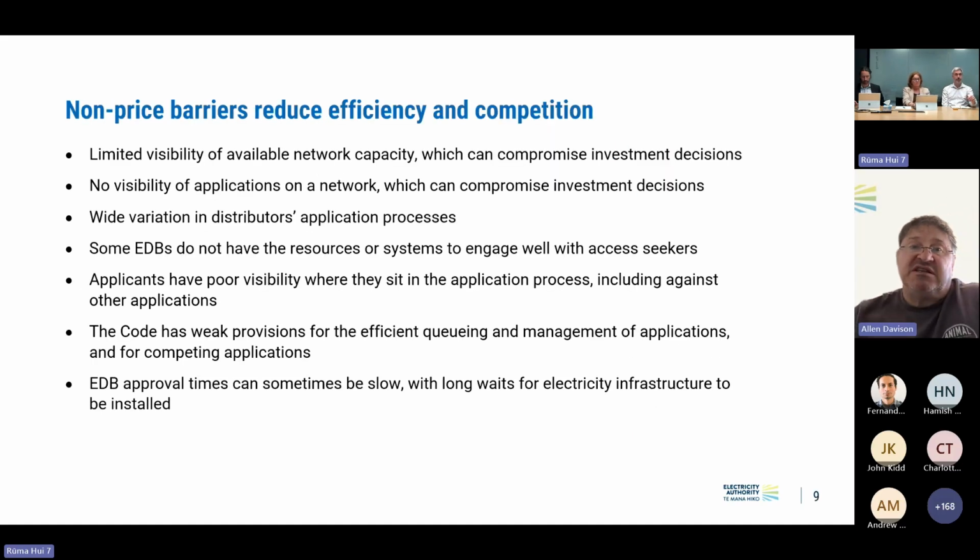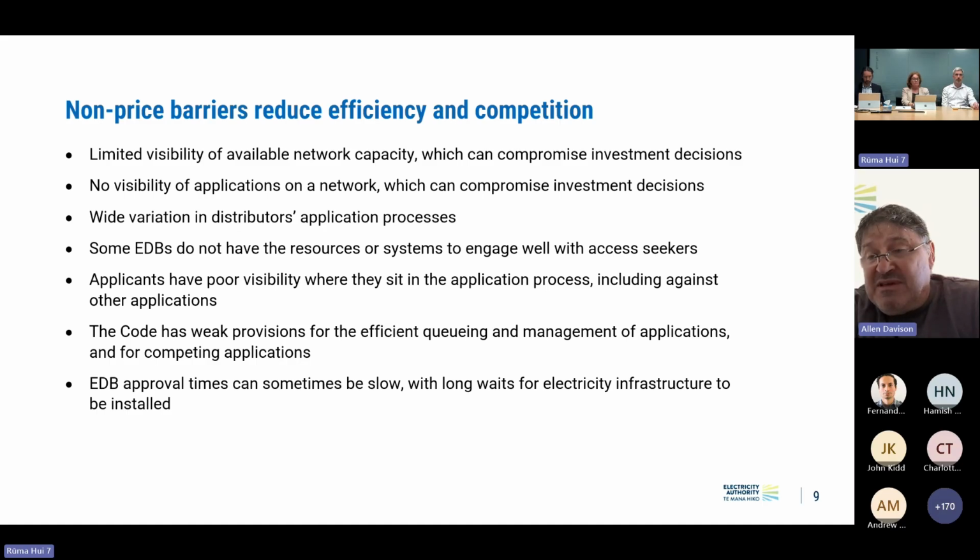So this is a brief summary of some of the challenges. This won't come as a surprise to anyone, but network capacity is a bit opaque to a lot of people. And we see the sector is changing. We see some EDBs accessing smart meter data and using very specialized IT algorithms to get a greater understanding of what's going on in their networks. That's great, and we'd like to see more of that.